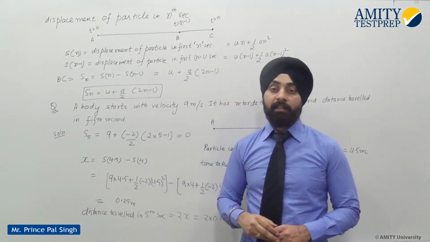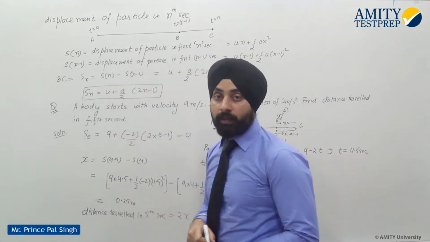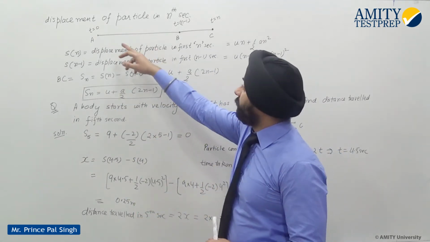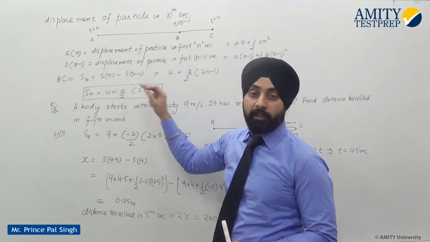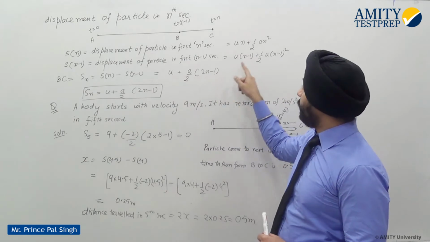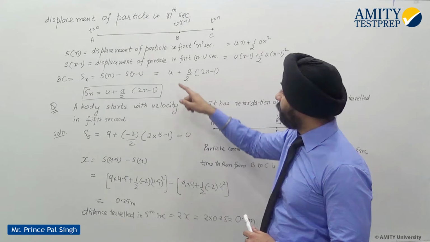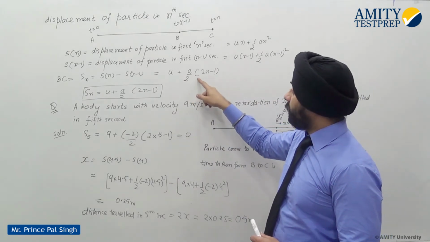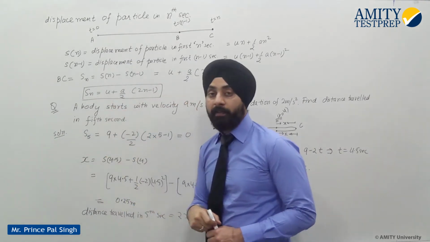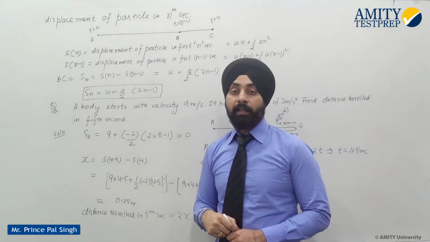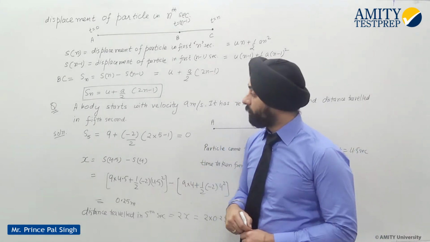Sn represents the displacement of the particle in the nth second, and this is equal to Sn, that is this whole, minus this much, that is Sn minus 1. On subtracting Sn minus 1, we get u plus a by 2 times the bracket 2n minus 1. So this is the displacement formula in the nth second for a particle in uniformly accelerated motion.